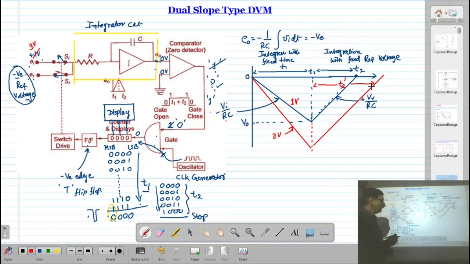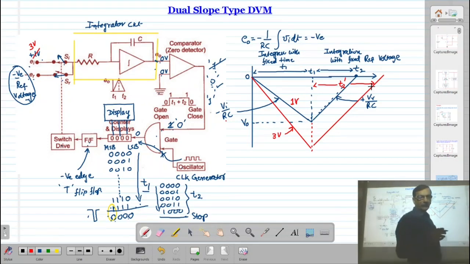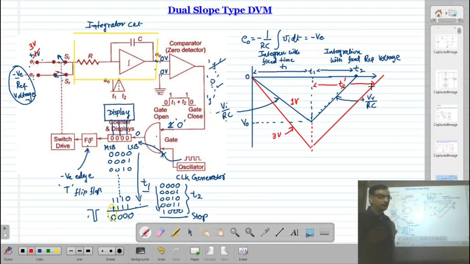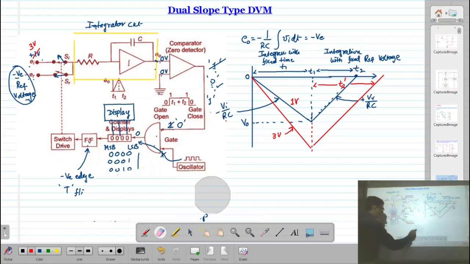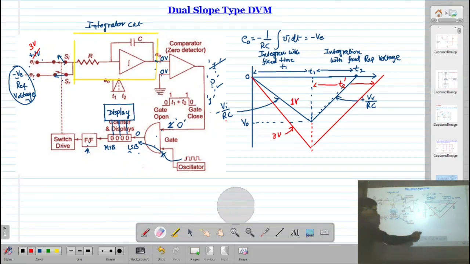Okay, now let us see mathematically how we can prove that the number of counts is proportional to your input voltage. Remember, now I am going to write an expression for the output voltage.